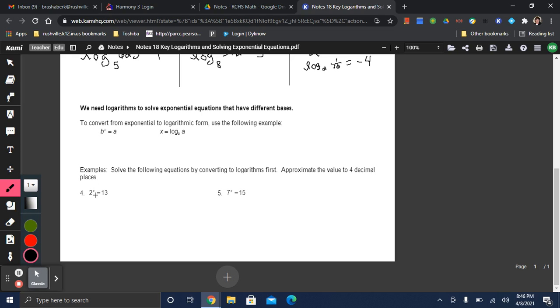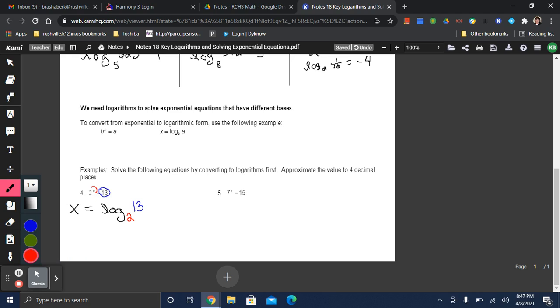So I'm going to have my exponent, that's what I'm solving for, x equals log. Now, my base is the 2, so base 2, and my answer is 13. So I'll try to color code where those things came from.